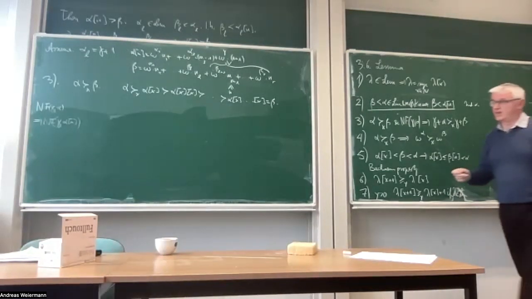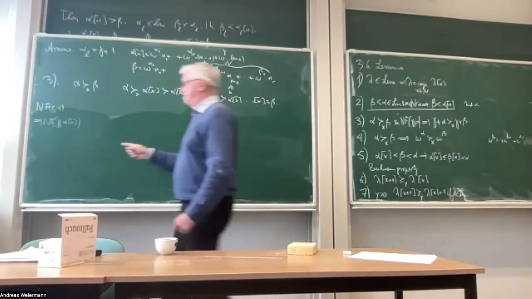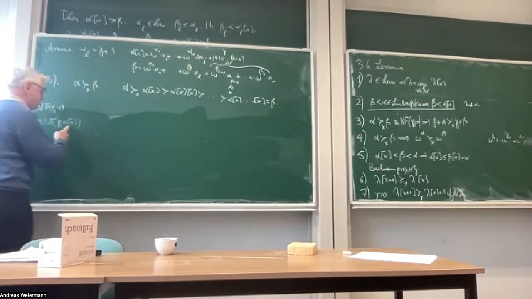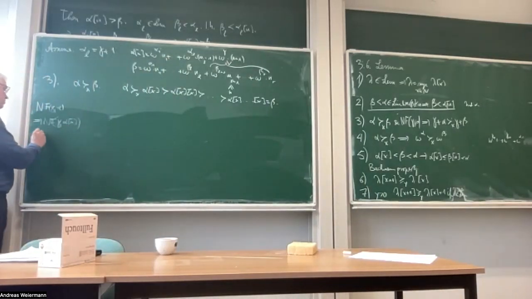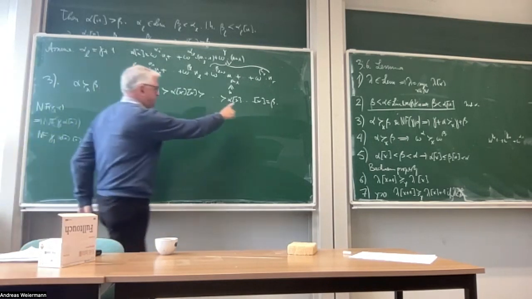So you see that this one is going to happen. And by iteration, this means normal form holds for gamma alpha x, all these terms. That's good.